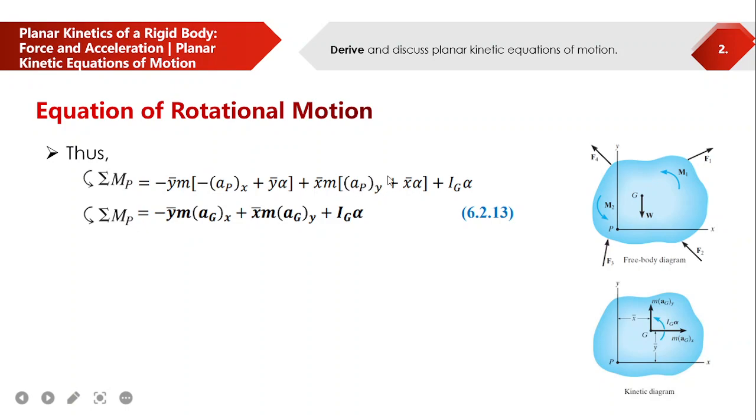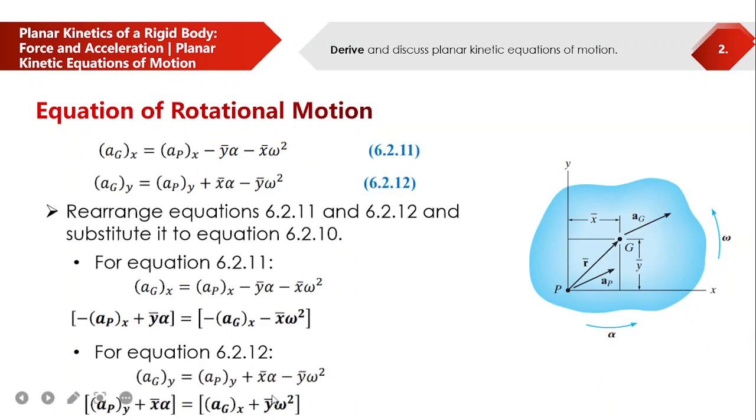The whole a sub p sub y plus x bar times alpha is equal to a sub g. Okay? So it is a somewhat simpler form, since we already determined the values of each term.